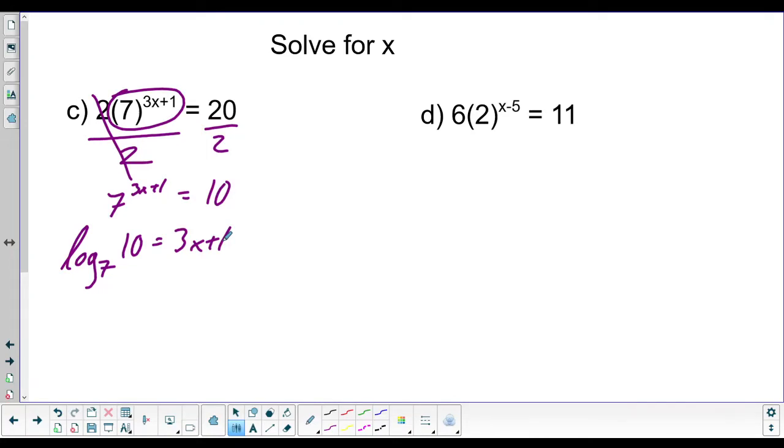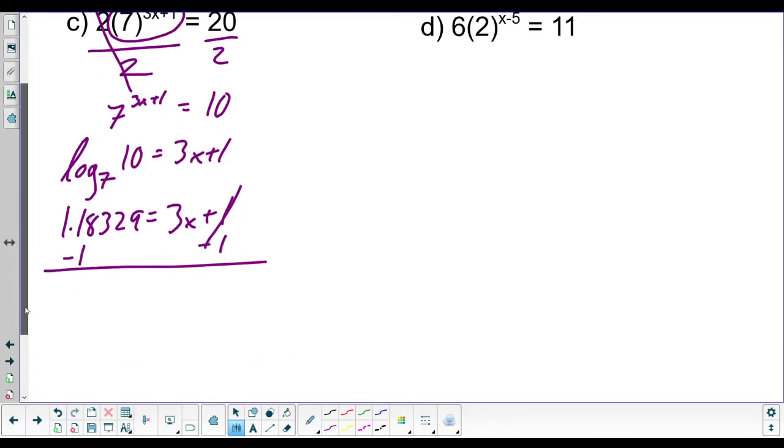We use our calculator, sorry, I'm typing this in as I'm talking, to evaluate log base 7 of 10. Our calculator says 1.18329 equals 3x plus 1. We subtract 1 on both sides.